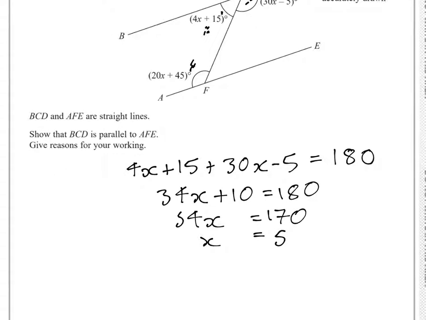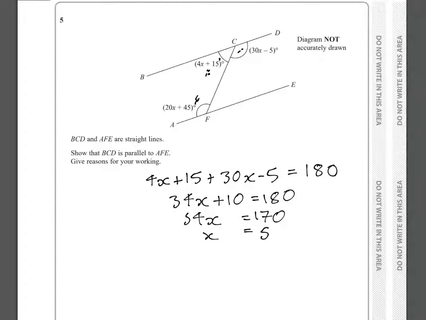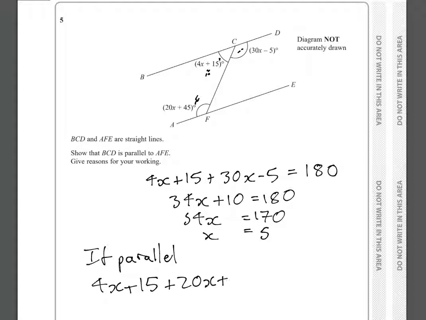So if x is 5, we can then test if parallel. 4x plus 5 plus 20x plus 45 should equal 180.